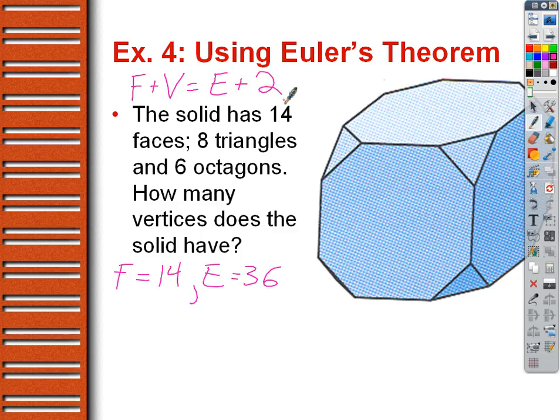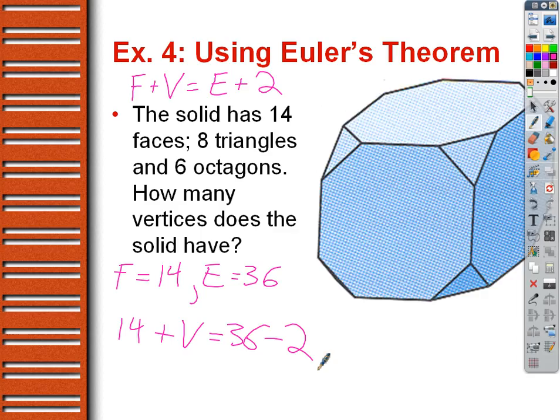Now, what do we know already? Well, we know F and E, so I can solve for V, right? If I plug 14 in for F, plus V equals 36 minus 2, well, 36 minus 2 is 34, minus 14 is 20. So then V is 20.